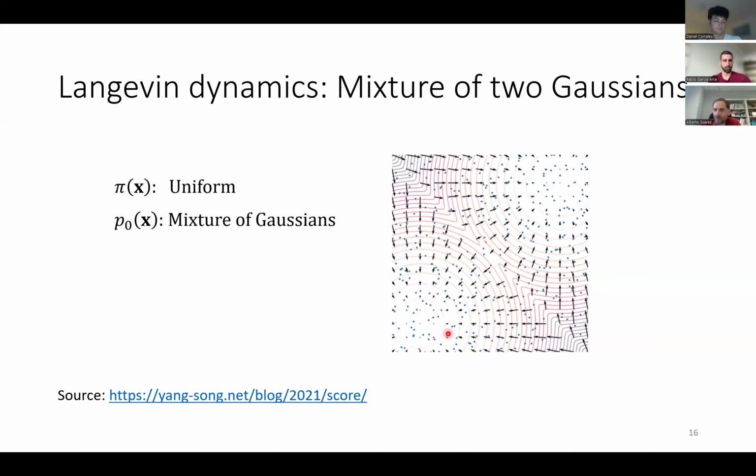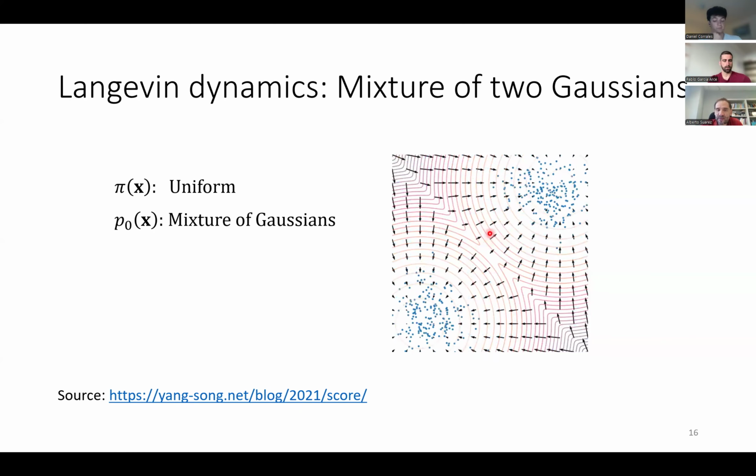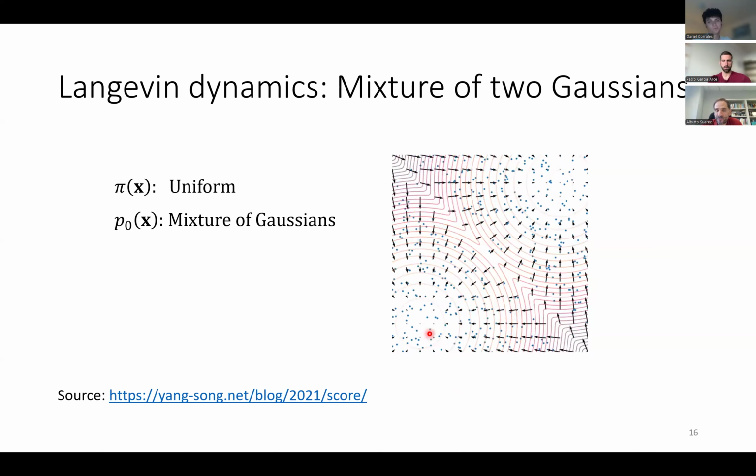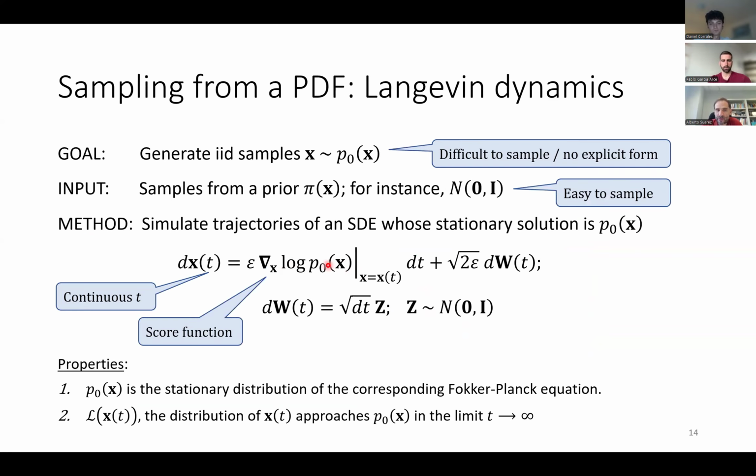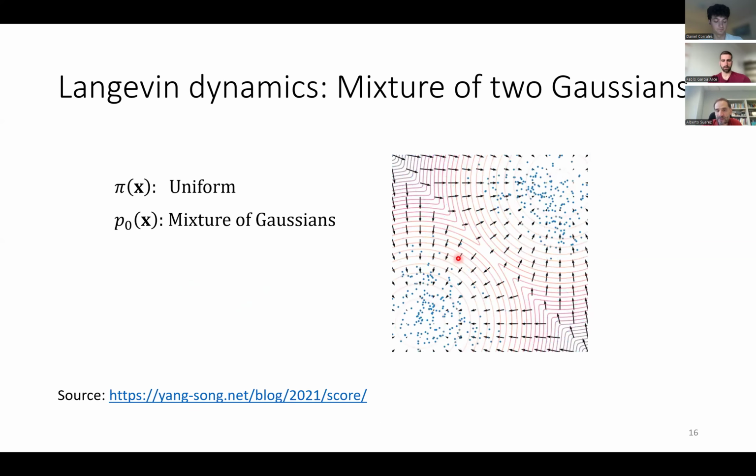But let's say that I make a mistake, and instead of starting with a uniform that covers the 2 modes, I start with a uniform that covers only the mode which is on the bottom left. With Langevin dynamics, even though I have a theoretical guarantee that asymptotically this will equilibrate and generate a sample from P0, what will happen is that initially the force field is so strong.